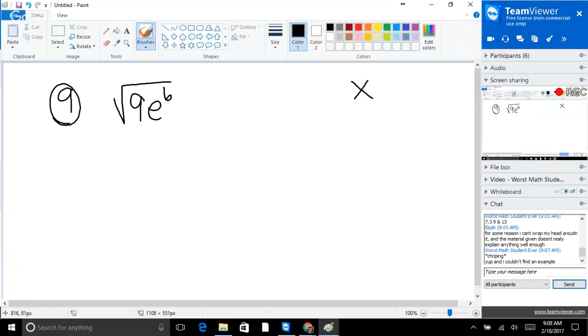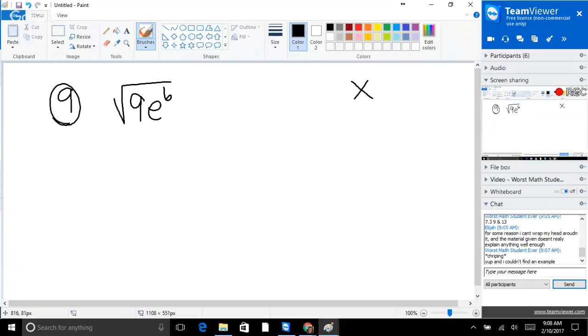Any of the rules that apply to what you can do to x or x squared or whatever apply to e. So even though we know e has an approximate value, when we're using it in equations, we can just treat it like another variable. You don't have to sit there and think, this is 2.7 whatever, and how does that change? We're just going to treat it like a variable.